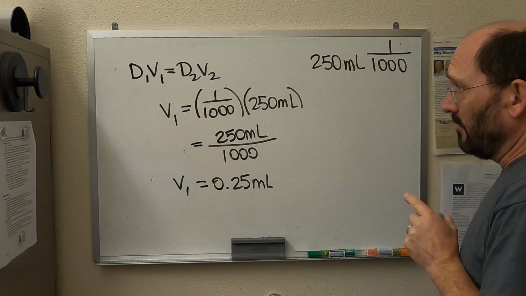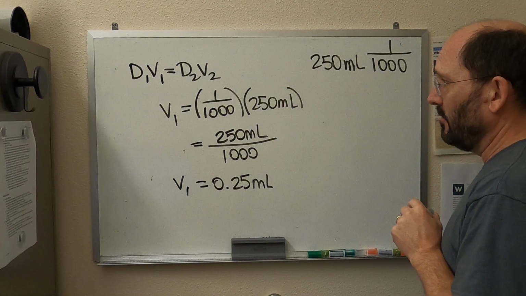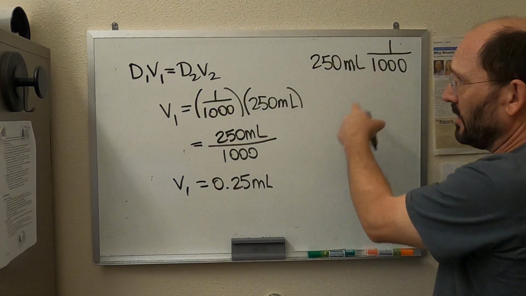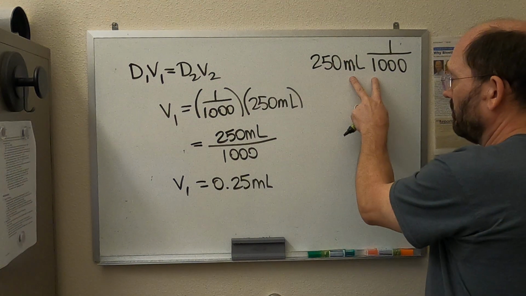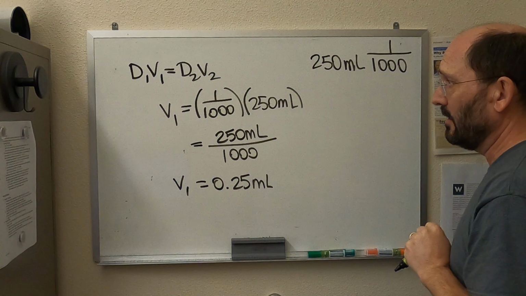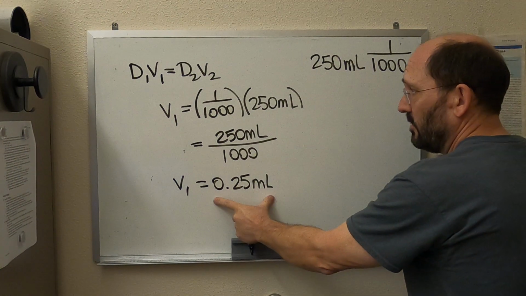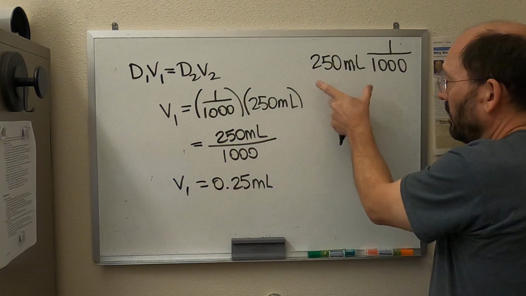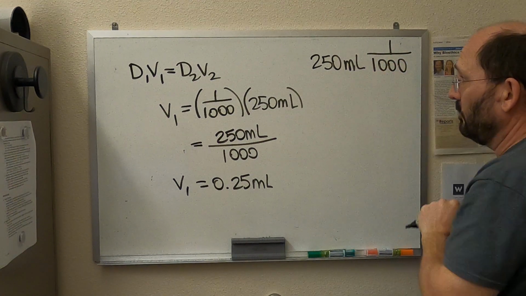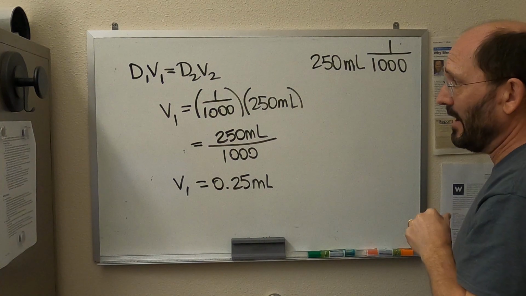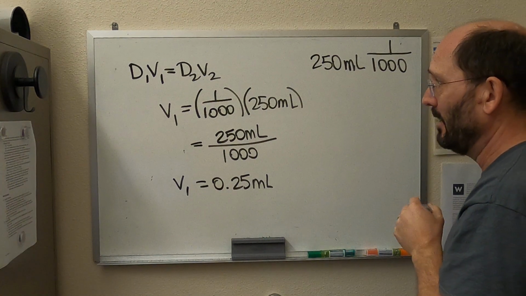Now we have to be really careful here, because this hasn't told us how much diluting fluid we're going to need in order to get this final volume and make that dilution. So we know how much of our stock solution we need. We know that we're going to end up with 250, and we know that the final dilution is going to be a 1/1000, but how much diluting fluid do we need to add?